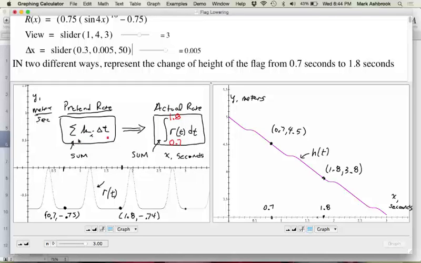This is for big chunky changes, and this is for a trillion little changes, such that we're getting the true amount of change, or an amount indistinguishable from it, because we got those intervals small enough. Okay, so there's our one way to get the amount of change from 0.7 to 1.8. What's the other way?